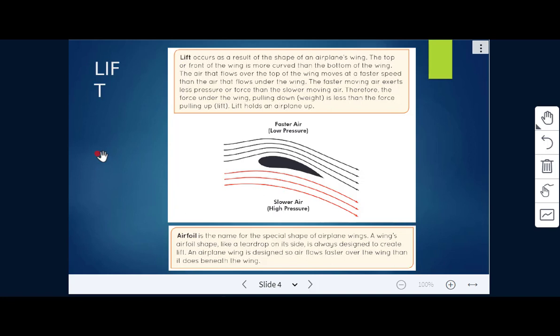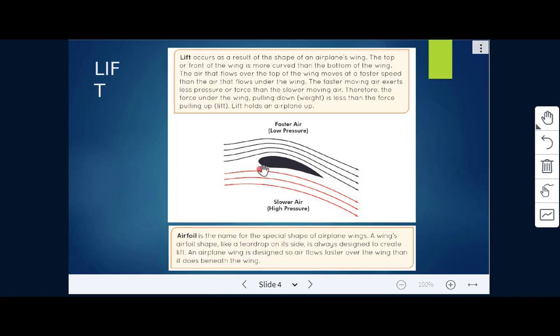Talking about lift first, it should be spelled L-I-F-T. Lift is occurring because of the shape of an airplane's wing. So it's very important to look at that shape. The top of the wing is more curved than the bottom of the wing.